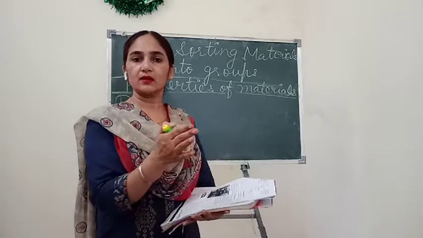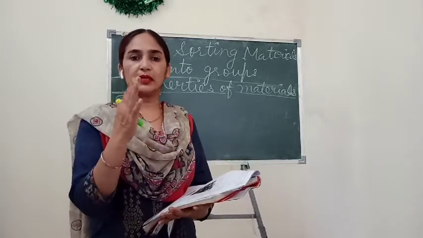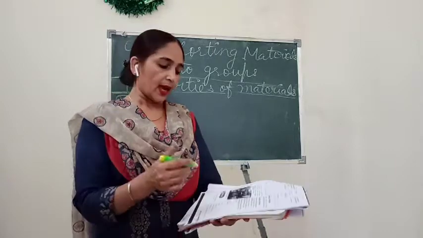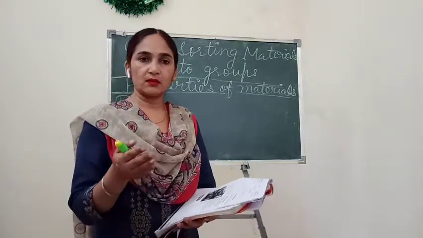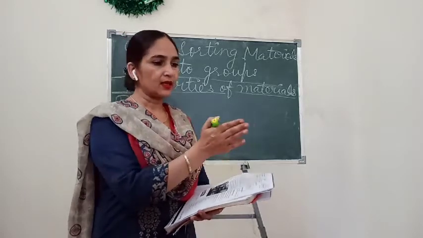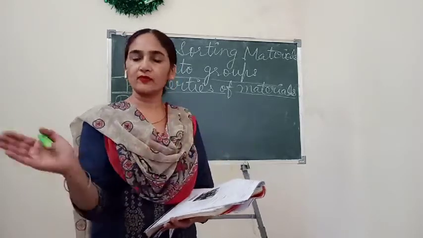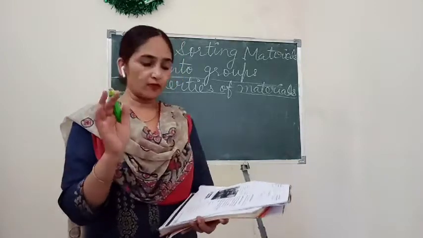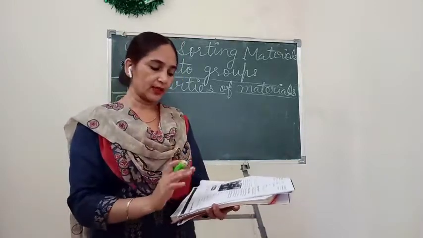We separate the metals, and those materials which are not shiny, we can separate out. And after that, hardness. Any material, if it is hard, we keep hard materials separate and soft materials separately. So sorting of material on the basis of these categories.